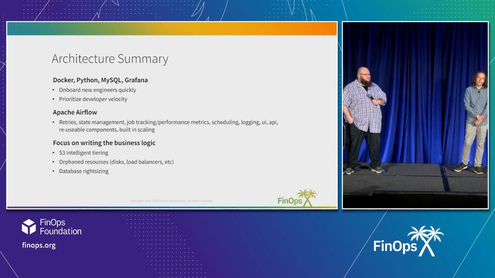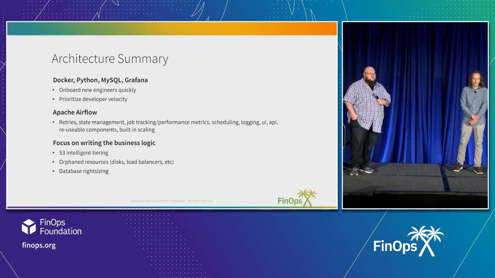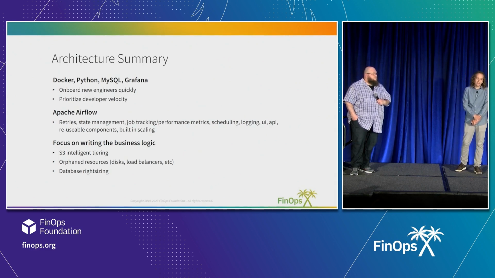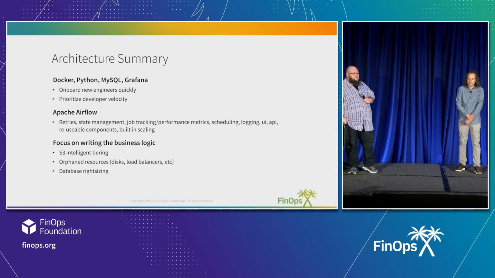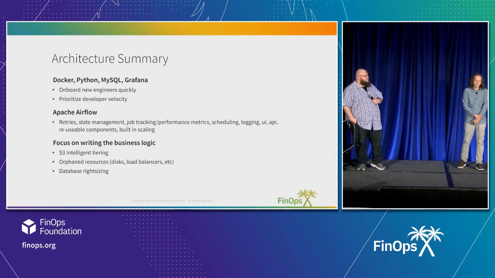The one thing that really did help us was Apache Airflow. We needed a framework for managing all these accounts and running all of our workflows, and we wanted to get out of the business of building our own platform. By adopting Airflow, we got retries, state management, job tracking, performance metrics, scheduling, logging, and a UI. We get all that for free, and because of that, we could simply focus on our business logic.